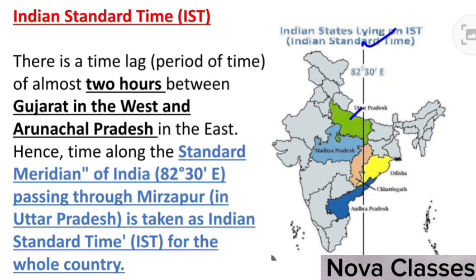There is one place, Naini, in Mirzapur. Our time is measured from that place. So basically our Indian Standard Time is taken from Naini, in Mirzapur, near Allahabad also.